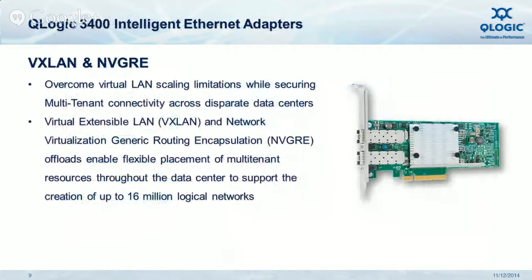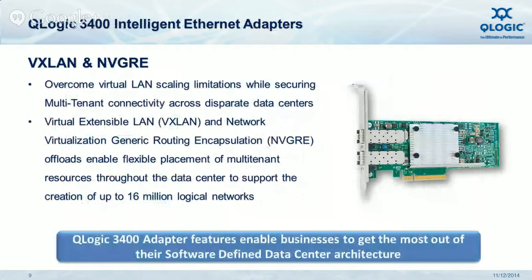So the features then on the 3400, let's get into those one by one here. One of the first features I want to talk about is Virtual Extensible LAN, or VXLAN.